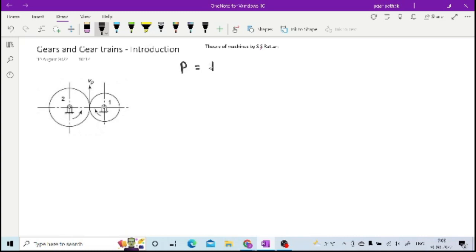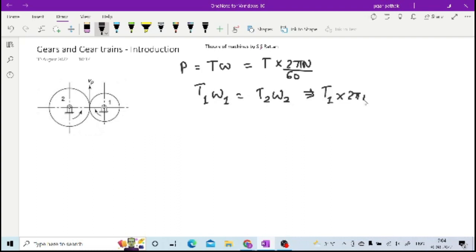given by T omega, right? When power is given by T omega, omega is 2 pi N by 60. So when you have a pair of gears, you will have T1 omega 1 equal to T2 omega 2. Elaborating, it will be T1 into 2 pi N1 by 60 equals T2 into 2 pi N2 by 60.